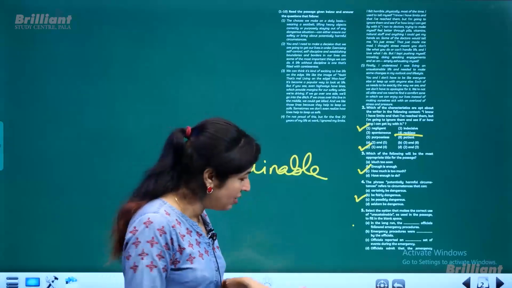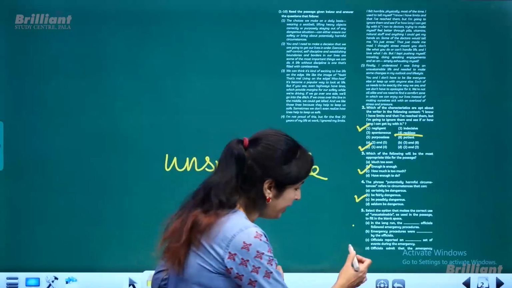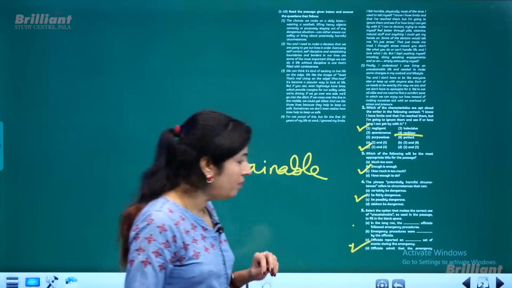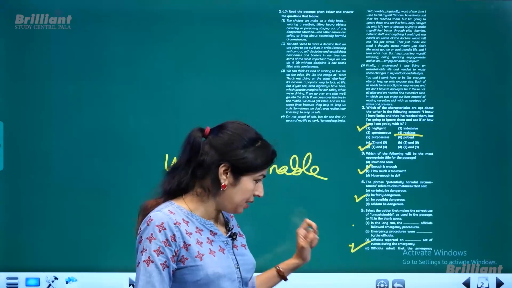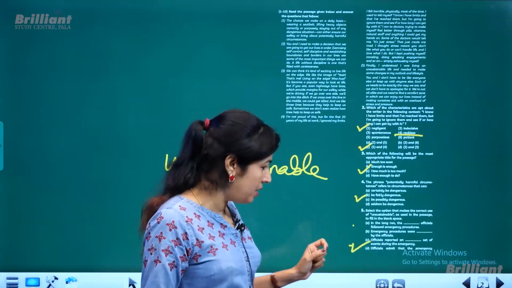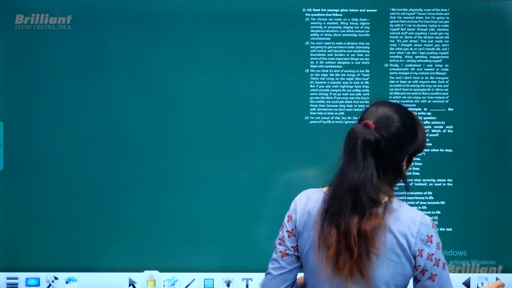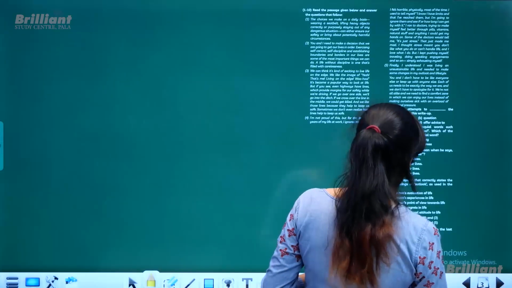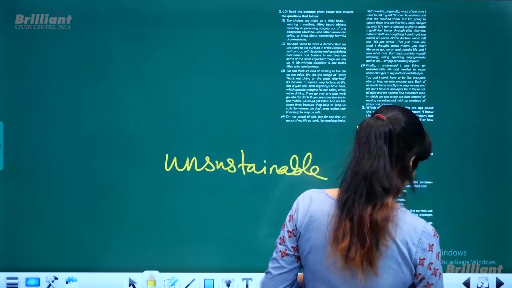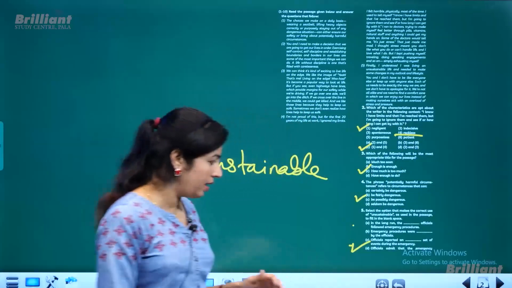Okay, so based on that meaning, we can have the fourth option, which is "Officials admit that the emergency..." that particular part is missing. Okay, I'll just tell you what it is.